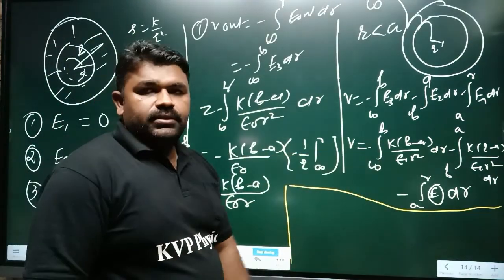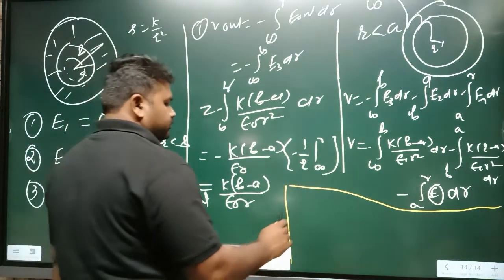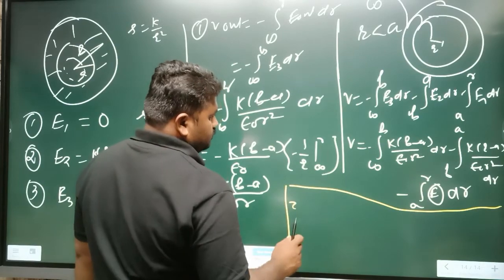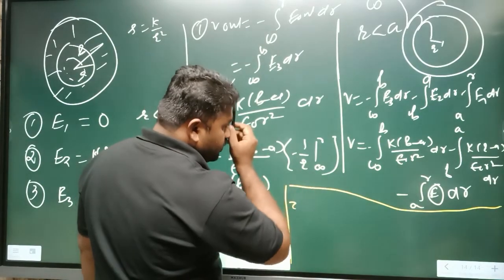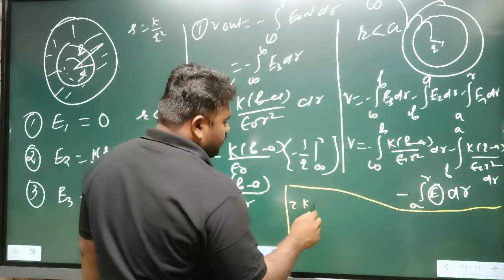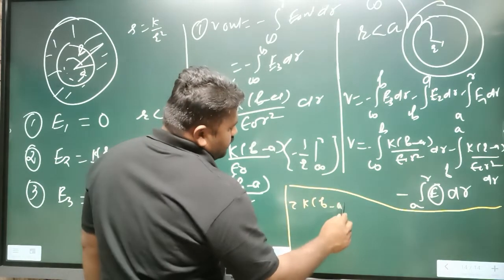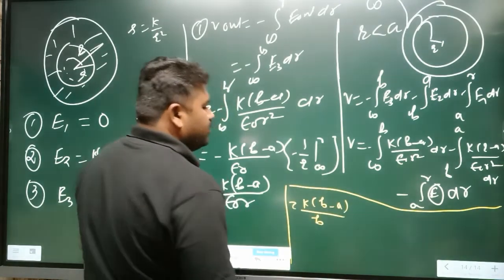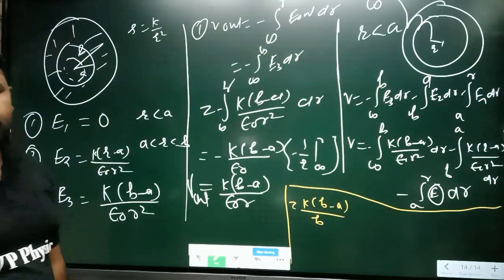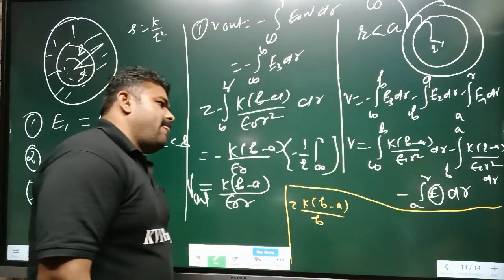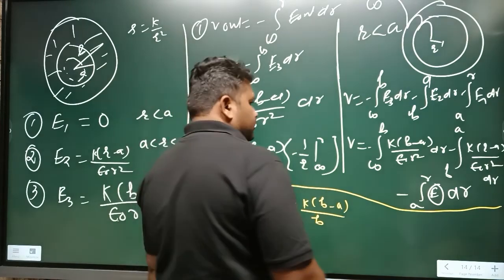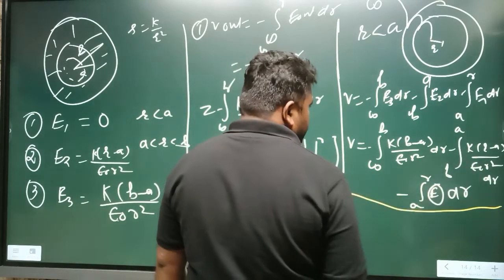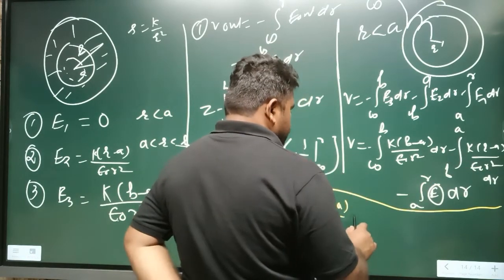1 by r square integration is minus 1 by r. K (b minus a) upon epsilon naught, upon b. Yes or no? First integration value: 1 by r square, minus 1 by r. Second one: 1 by r gets cancelled.